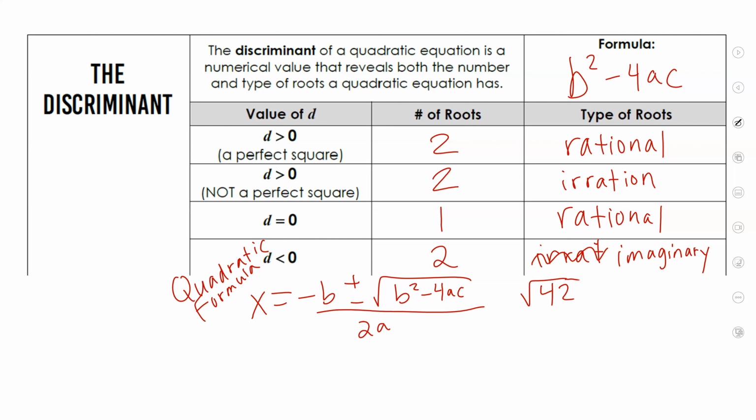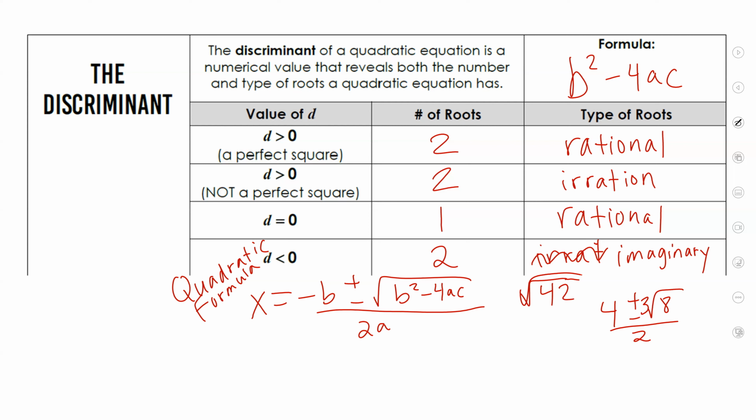However, it'll be irrational. You'll have something like, I'm just making this up, let's say 4 plus or minus the square root of 8 over 2. An answer like this is irrational, okay? Because we didn't have a perfect square root here. Make sense?